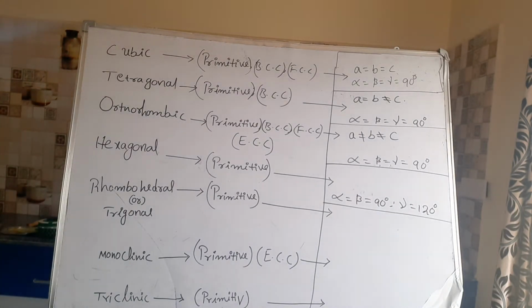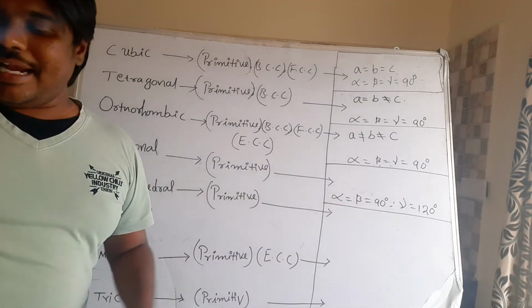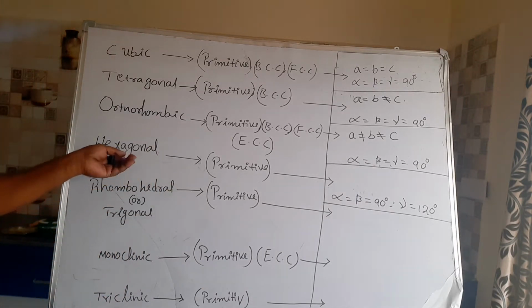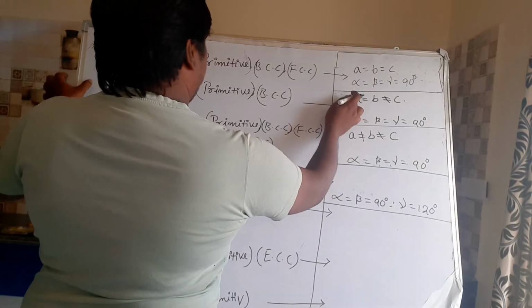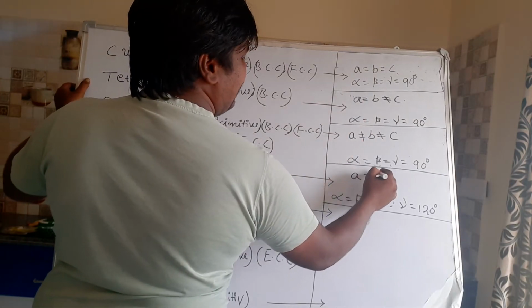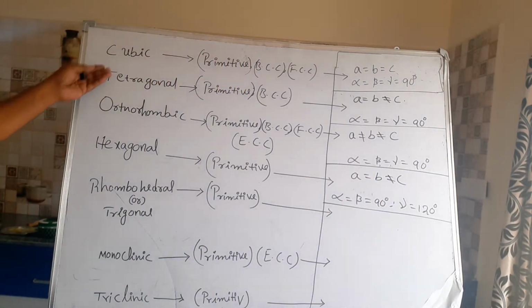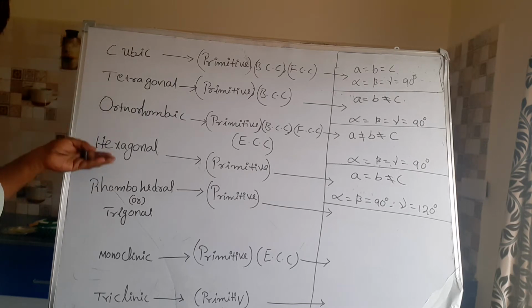For hexagonal, one angle is 120 degrees. The rest of the two angles are 90 degrees each. When you come to the edge lengths, this one is going to be repeated: a is equal to b is not equal to c. The second one is repeated at the fourth one, in the case of edge lengths, students, right?